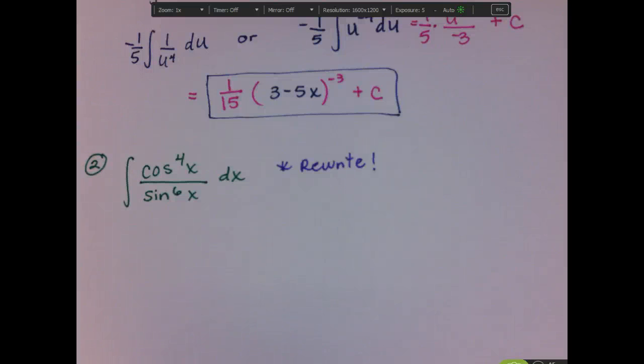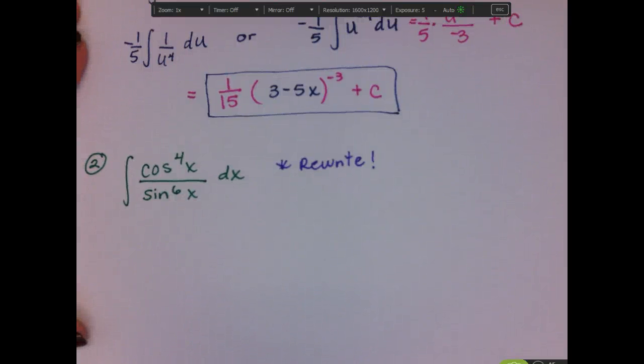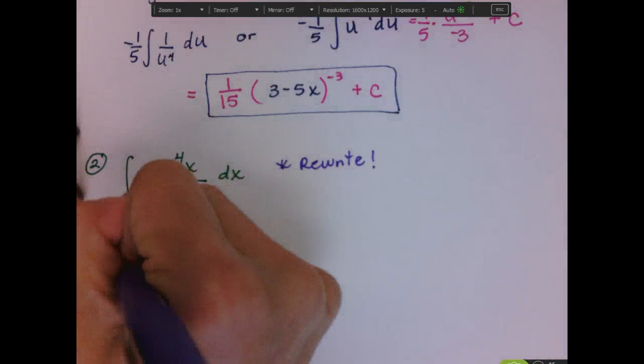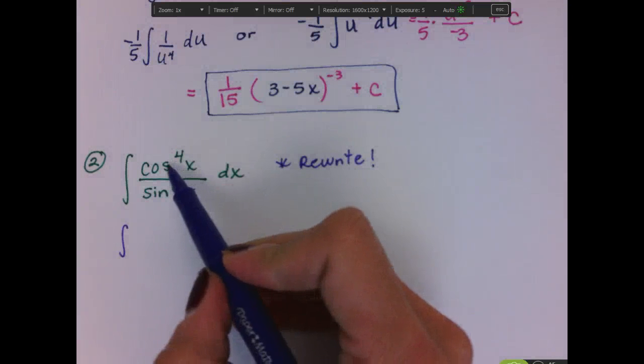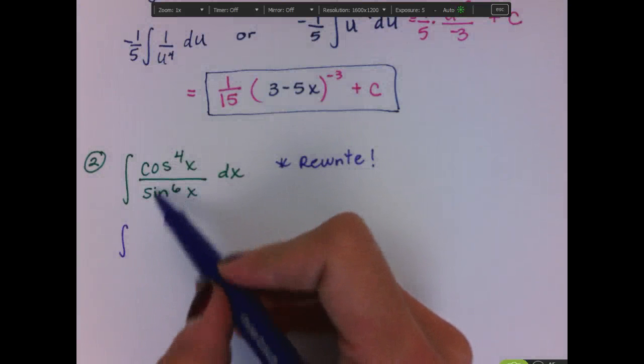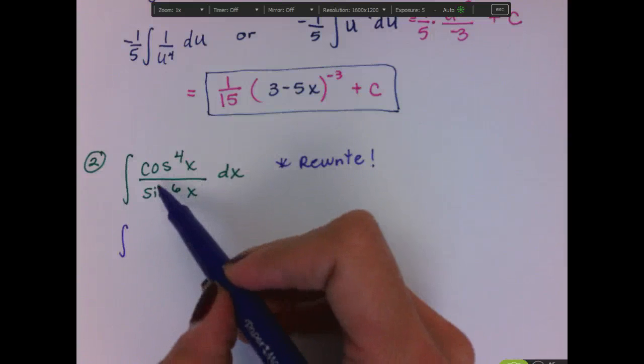So you can kind of play around with this. You may not know exactly the best way to rewrite this at first. Try a couple different things. But one option is to think about having cosine over sine, and that being cotangent.